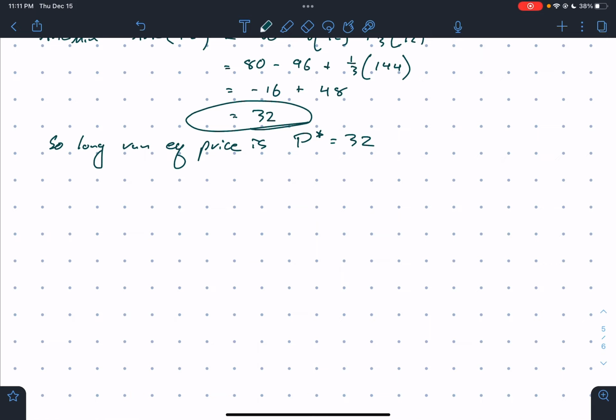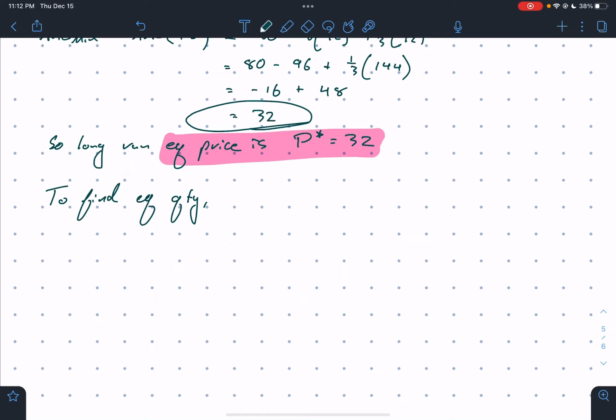Now, all we have to do is we have to find the equilibrium quantity. What we do here is we use the demand function that we find in the first part. Okay.